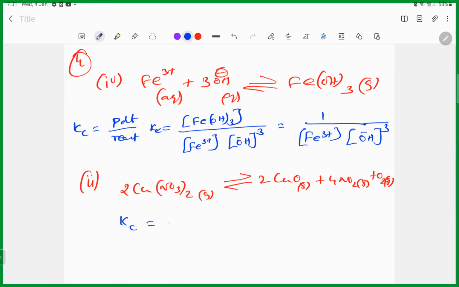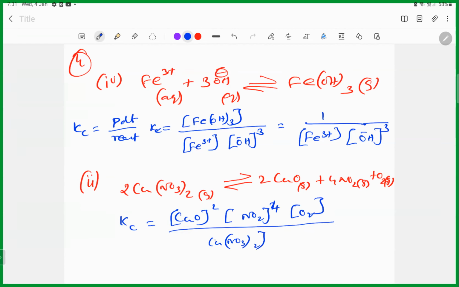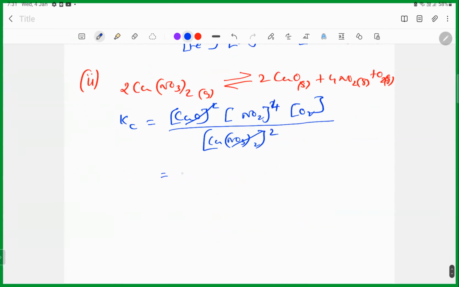When you are writing Kc, it is CuO concentration square, and then NO2 gas concentration power 4 and O2 gas, divided by concentration of copper nitrate power 2. So you can leave these two because they are in the solid state. The remaining will be NO2 power 4 and O2.